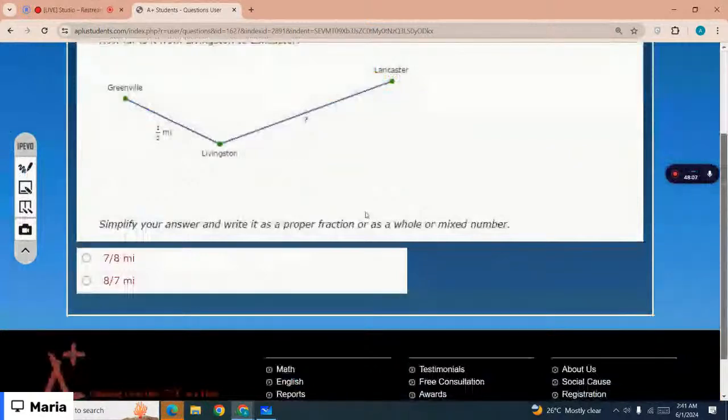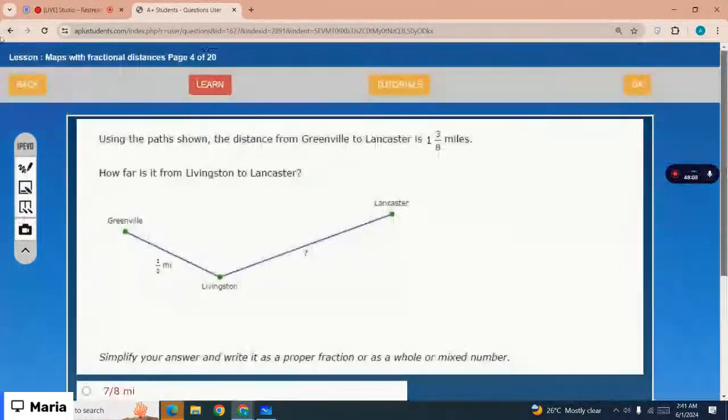Okay, you can complete the lesson by yourself later today. So we were working on grade 7 math.